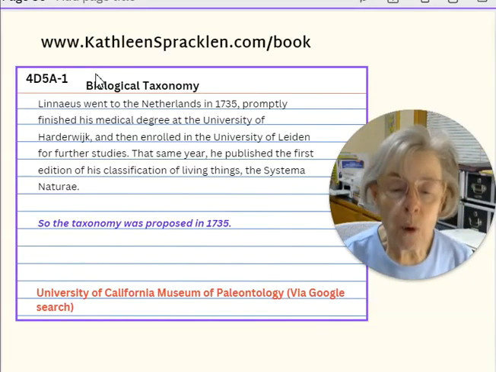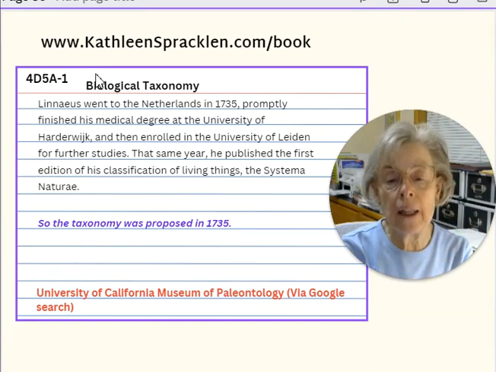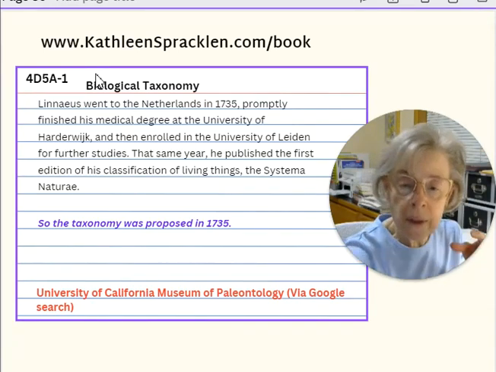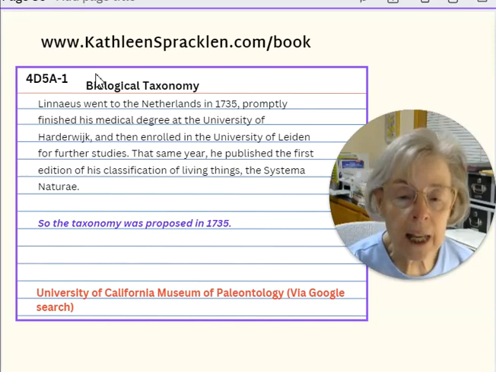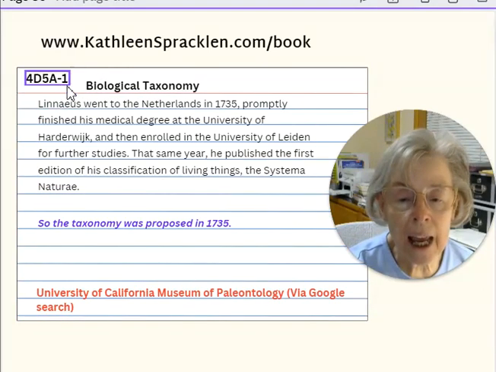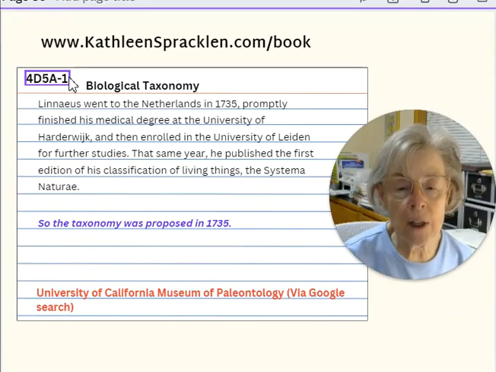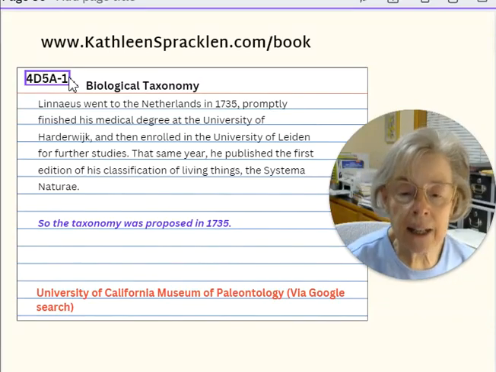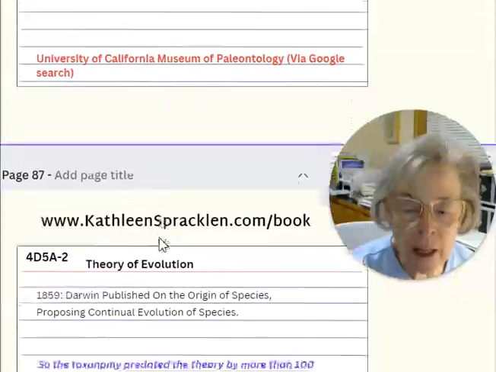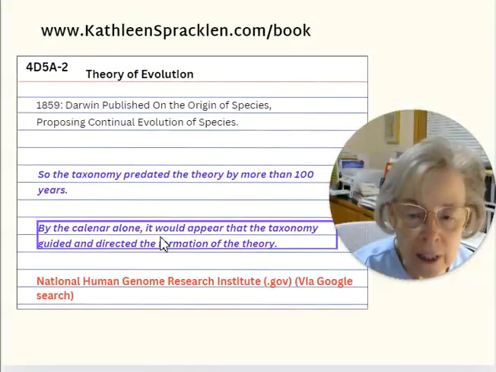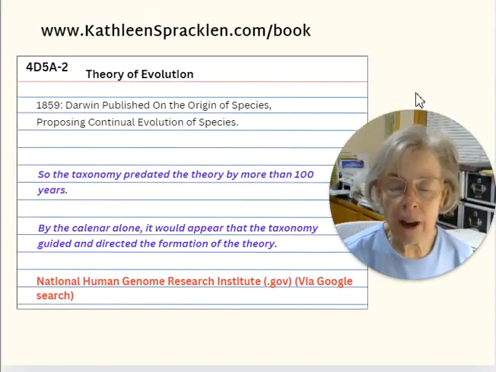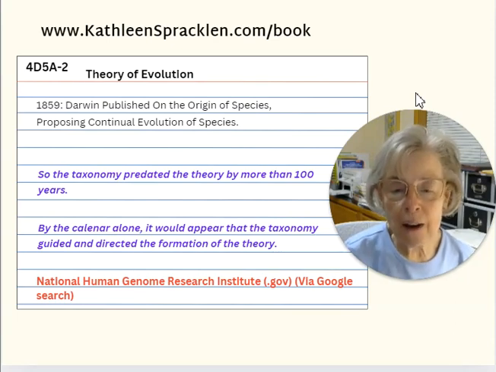Because again, when we pursue the topic in greater depth, the number grows. It's always number, letter, and every 4 we throw in a dash just for readability. So this would be 4D5A-1, and the companion one on Darwin's theory of evolution, 4D5A-2.